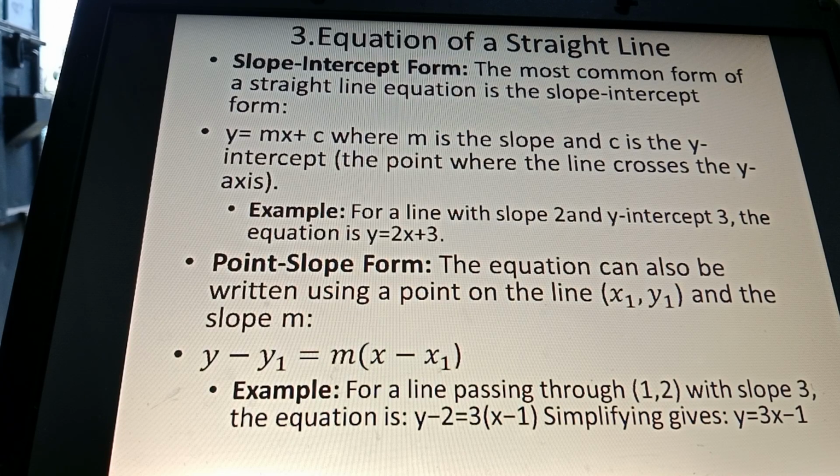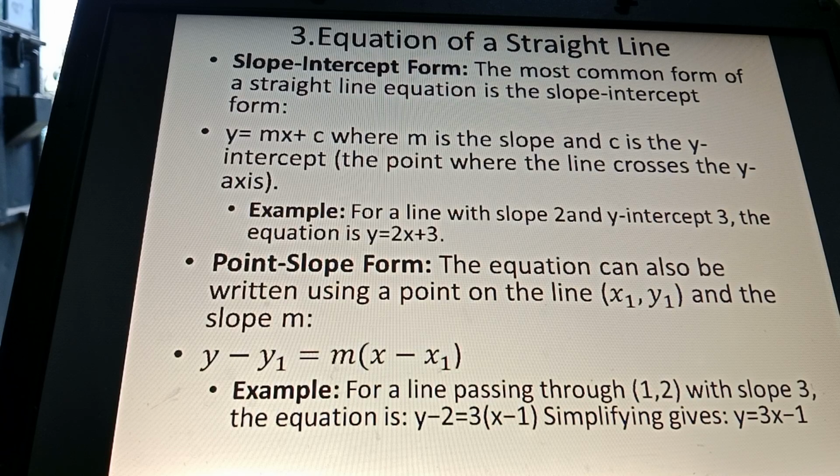Point-slope form. The equation can also be written using a point on the line (x1, y1), that's a general point on the Cartesian plane, and the slope m, or the gradient. For example, y minus y1 equals m times (x minus x1).